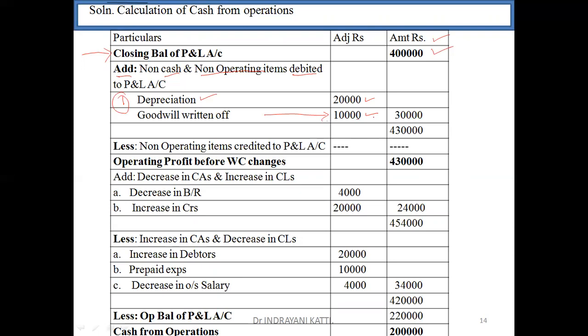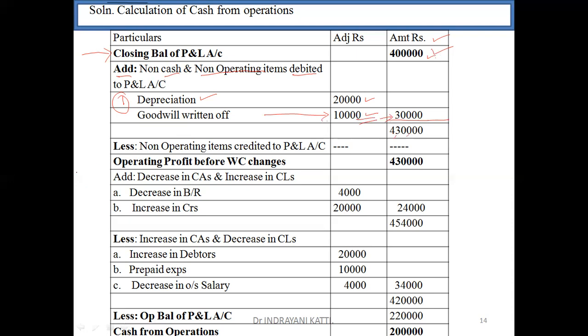These two total 30,000. This 30,000 is added to rupees 4 lakh, so the total comes to 4 lakh 30,000. This is the total when we add non-cash and non-operating items debited to P&L account.